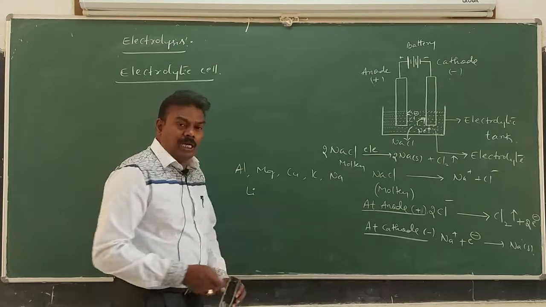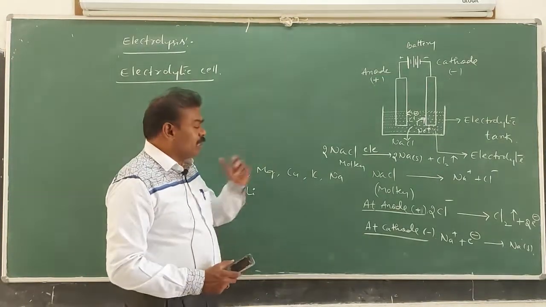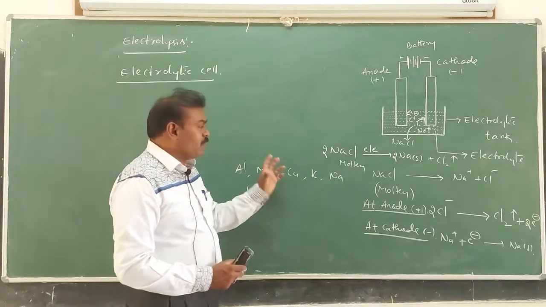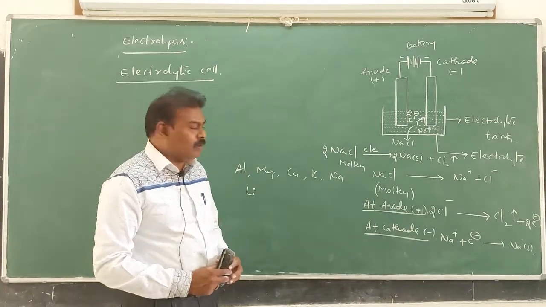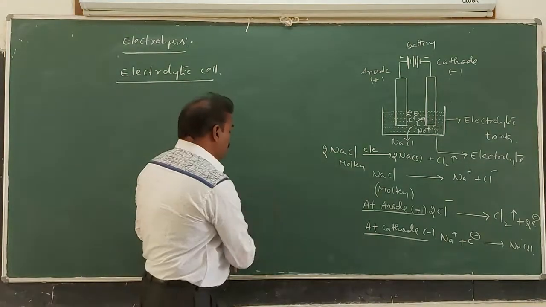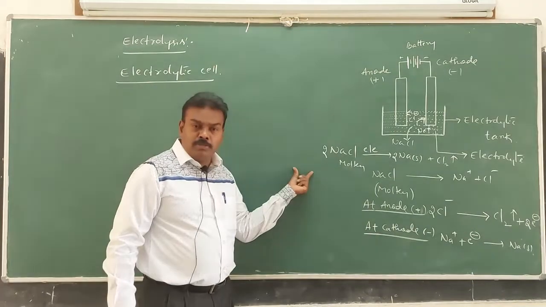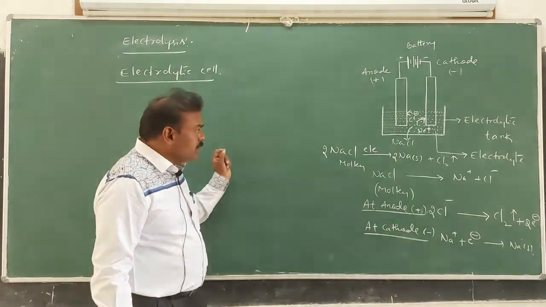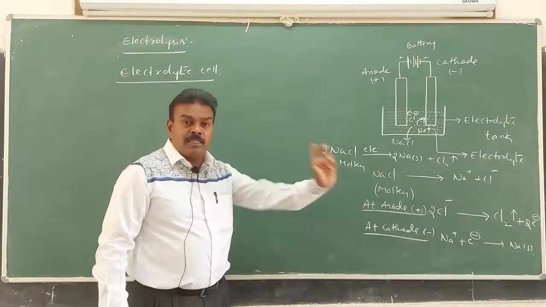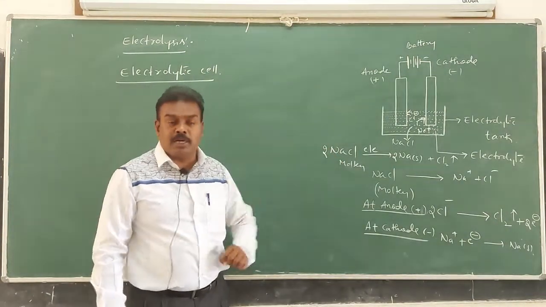Most of the alkali metals and alkaline earth metals we can extract by means of the electrolysis process. Most of the electropositive metals like aluminum, magnesium, sodium, potassium, these alkali and alkaline earth metals can be extracted by means of the electrolysis process.